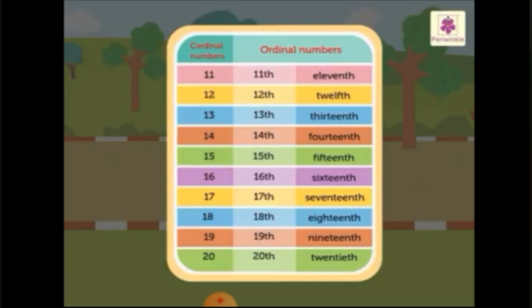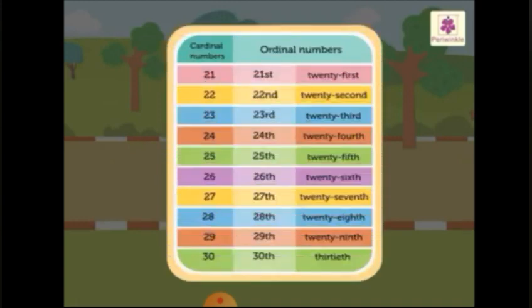Now, let's look at the cardinal numbers 11 to 20 and their corresponding ordinal numbers 11th to 20th. Here are the cardinal numbers 21 to 30 and their corresponding ordinal numbers 21st to 30th.